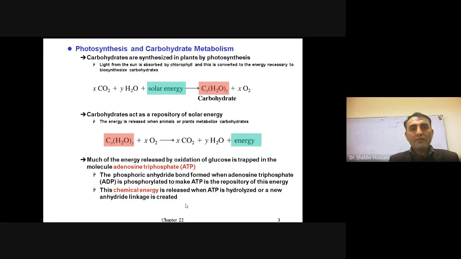So overall, in photosynthesis, carbon dioxide reacts with water in the presence of sunlight and chlorophyll, we get carbohydrate, and oxygen is released, which is used by plants, living organisms, and human beings. This carbohydrate acts as a repository of solar energy, and the energy is released when animals or plants metabolize it in the presence of oxygen.